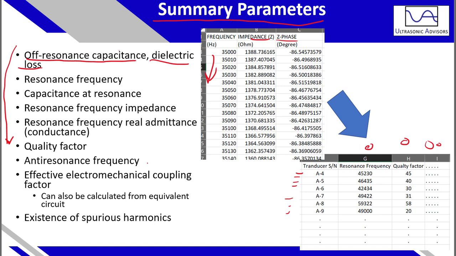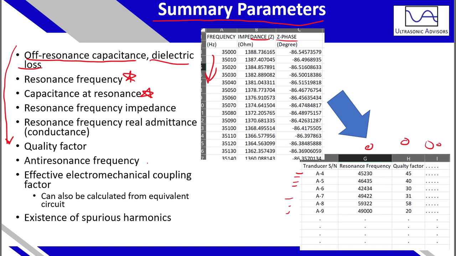Next is the resonant frequency. There is capacitance at resonance, which is important for equivalent circuit analysis and also when you're developing circuits to analyze the equivalent circuit, or to drive your device. It's an important parameter to know.